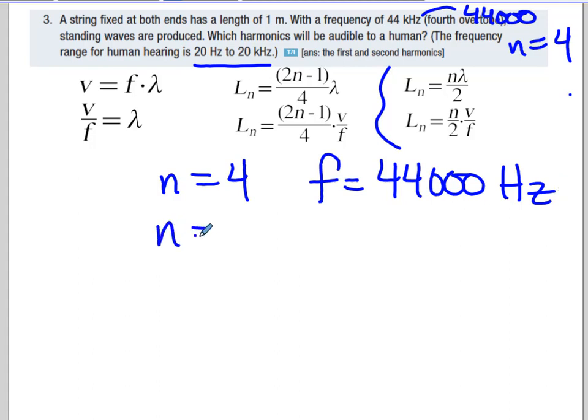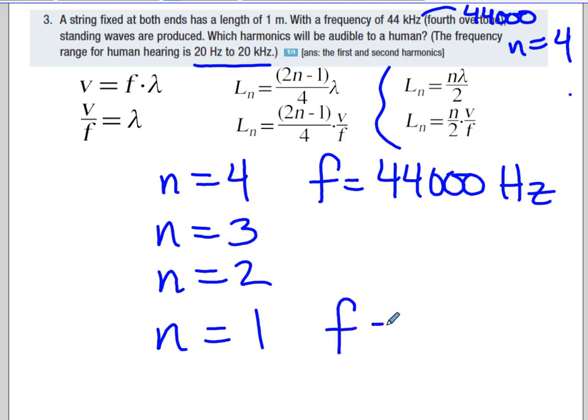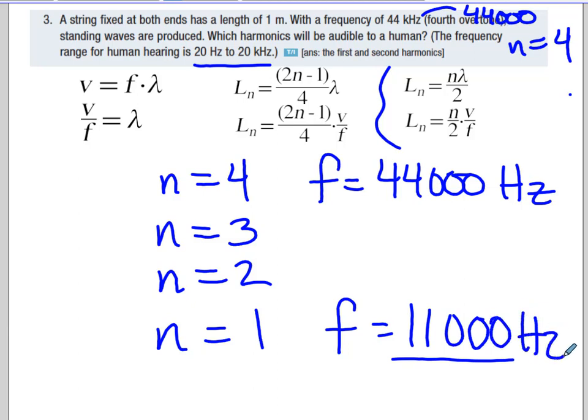So if you were to look here, and we looked at this once with the Slinky demo already, the fundamental frequency will be this number down here, and all of these other frequencies have to be an integer multiplier of it. So if it's an integer multiplier of it, to get to 44,000 and n is 4, that means my fundamental frequency had to be 11,000 hertz.